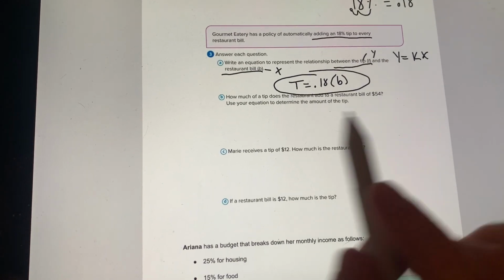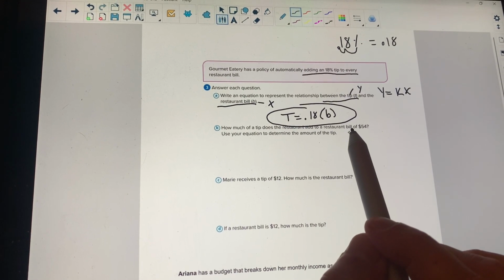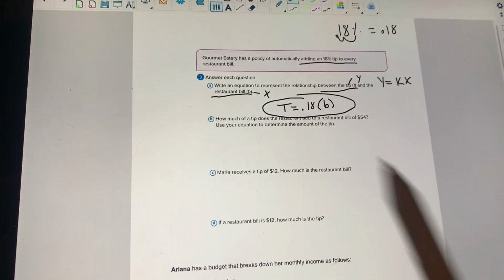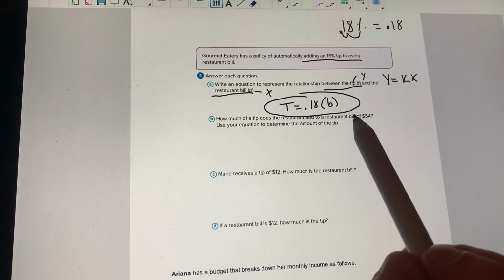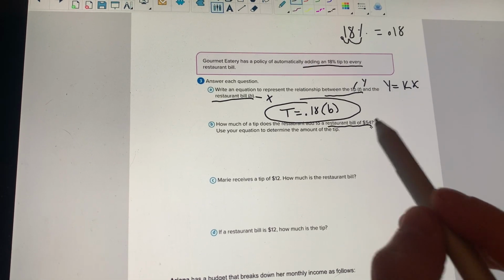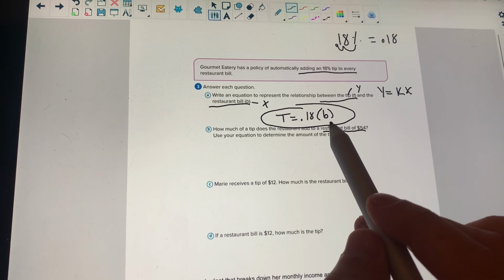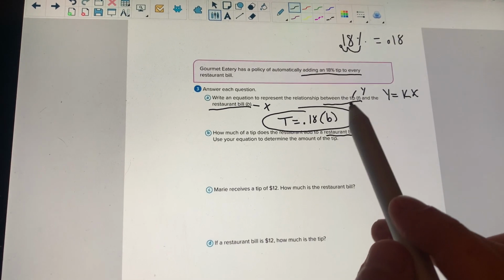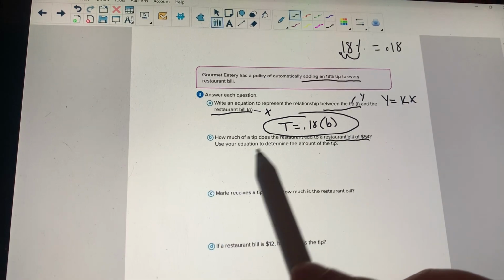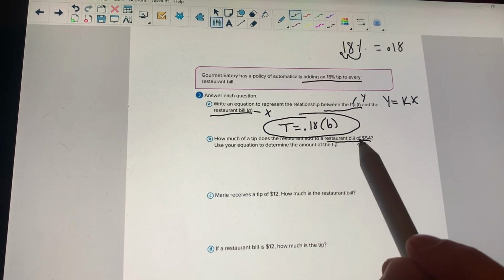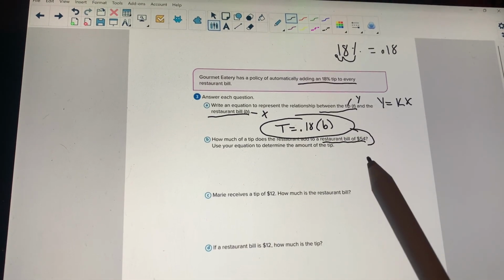Now, the next question says, how much of a tip does the restaurant add to a restaurant bill of $54? So when I'm doing this, I'm going to use my equation. It says the restaurant bill is $54. Does T represent restaurant bill or does B represent restaurant bill? If we look, the tip is represented by T, the bill is represented by B. So since the restaurant bill is $54, I'm going to just plug that in where the B is.